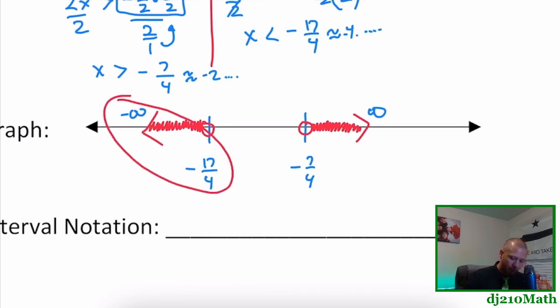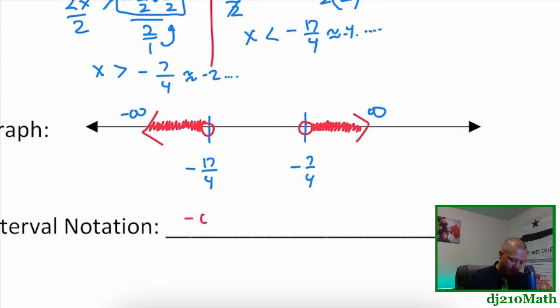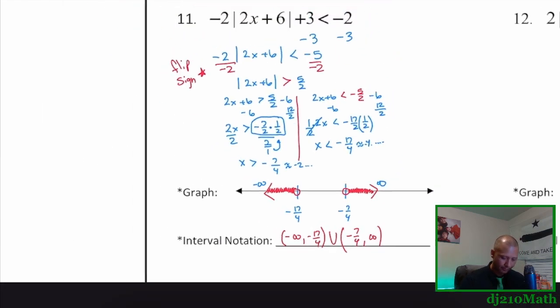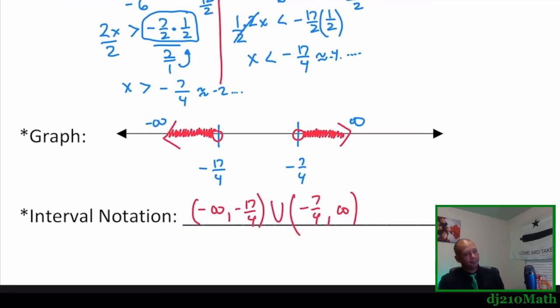Everything's with parentheses, infinities get parentheses, and both of these values are going to get parentheses because it's open circles. So negative infinity, negative 17 over 4, parentheses, union, because we know it's going to be 2 pieces, parentheses, negative 7/4, infinity, parentheses. There it is.